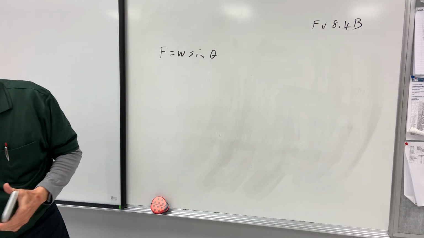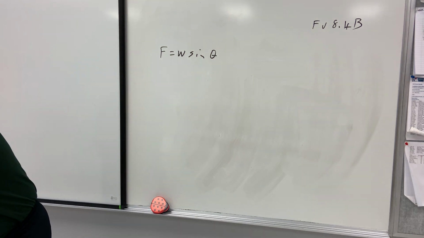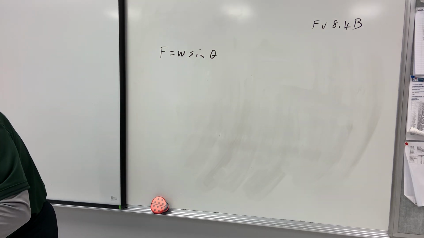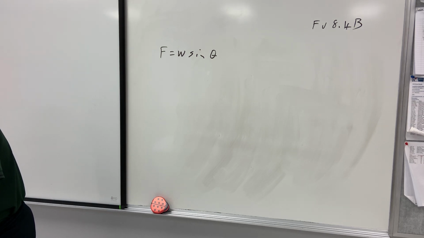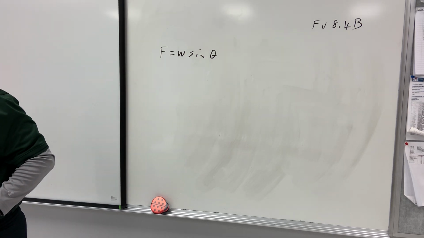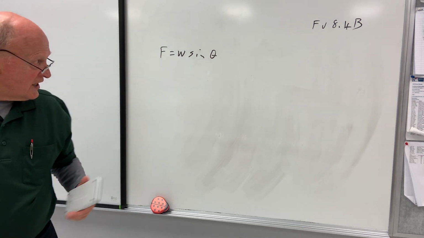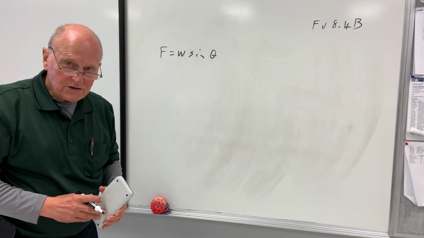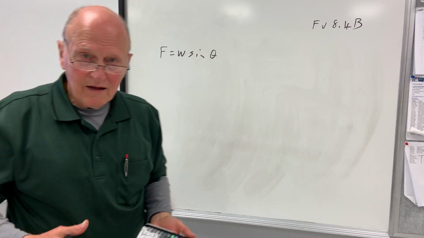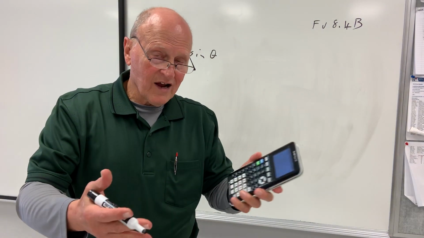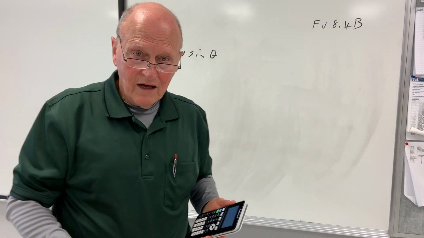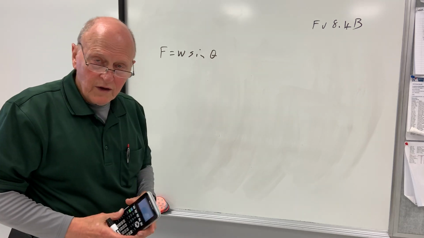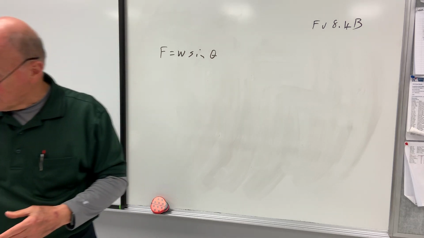Now, if I look on page 759, I see that they worked a problem like that, and they've explained why this thing right here works. However, if we have the formula for it, then we can just go ahead and work from the formula.